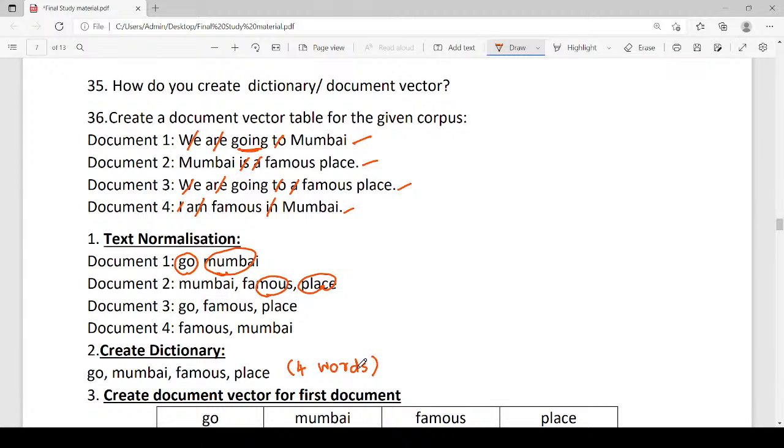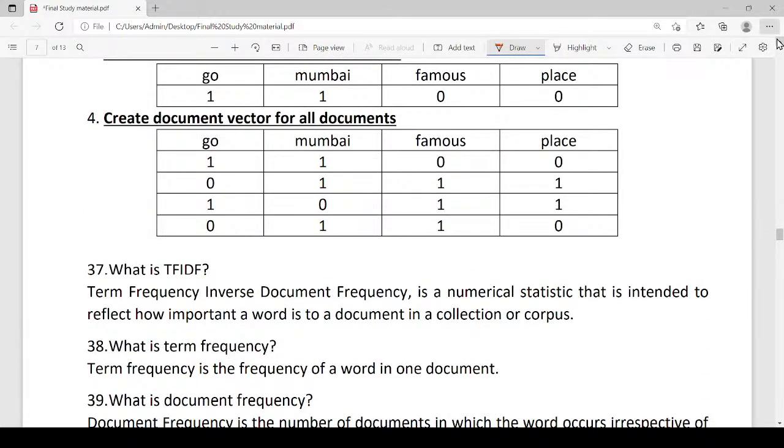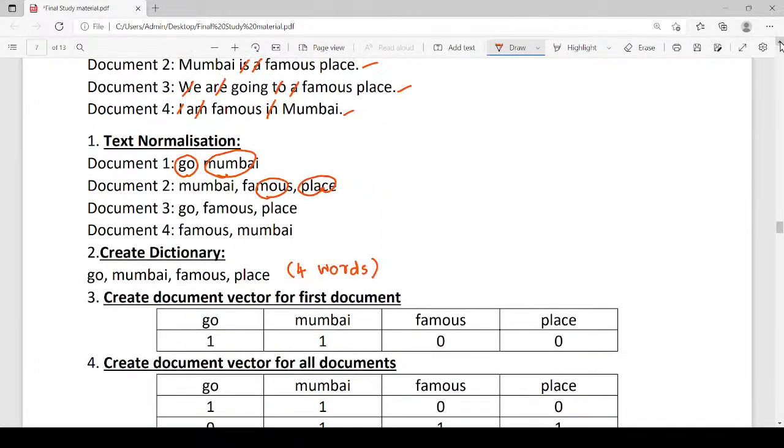Now let's try to create a document vector for the first document by listing down the words here. Now I'm going to draw a table. I'm writing the 4 unique words: go, Mumbai, famous, and place. Now if you see the first document, I have only the words go and Mumbai.